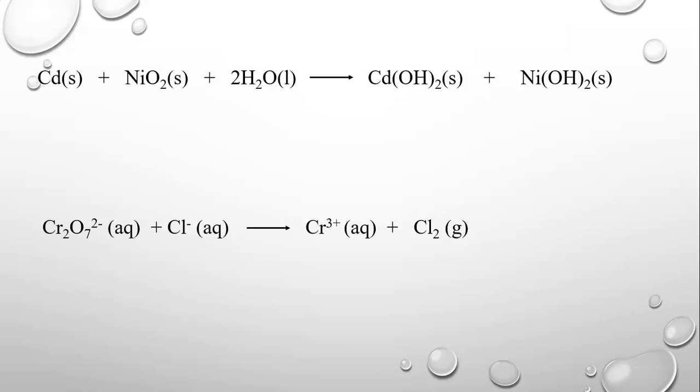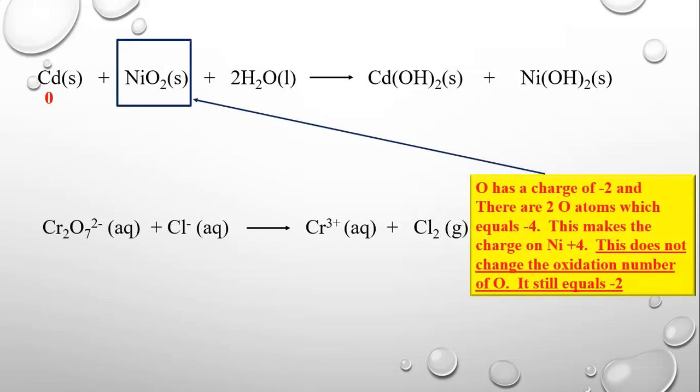So here's a couple of chemical equations, and we're going to assign oxidation numbers to all of these. So first of all, cadmium is a 0. It's a pure element. It's in its natural state. It takes on a 0. Now, let's look at this nickel dioxide. Oxygen has a charge of -2, and there are 2 oxygen atoms, which equals -4.